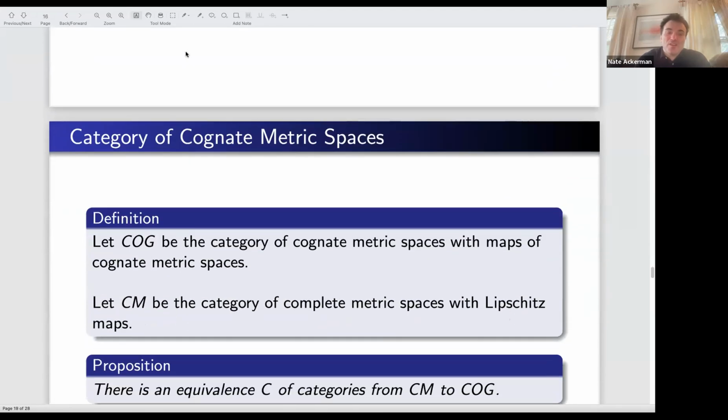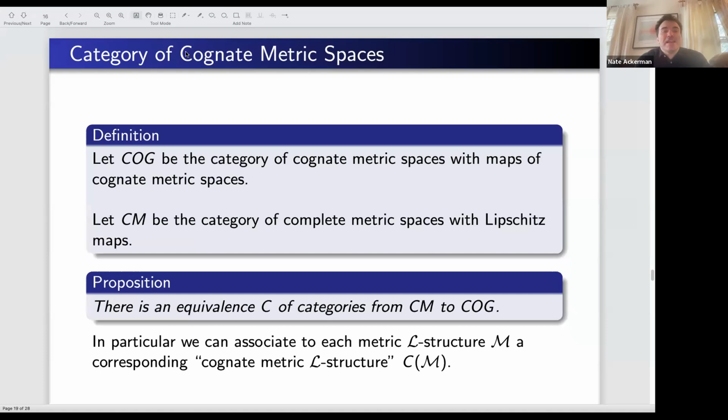So in particular, what this means is the category of metric spaces with cognate metric maps is equivalent to the category of complete metric spaces with Lipschitz maps.